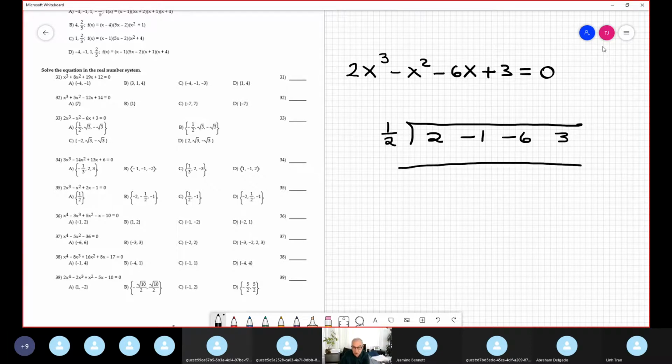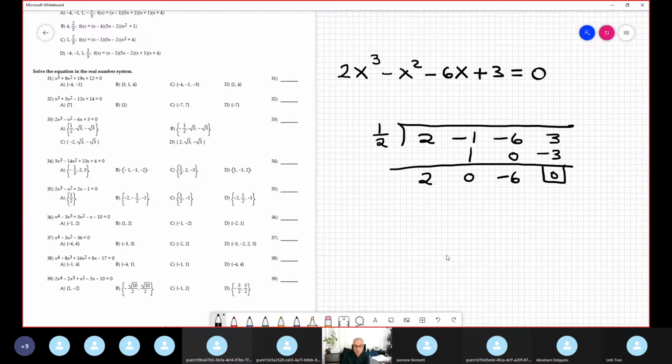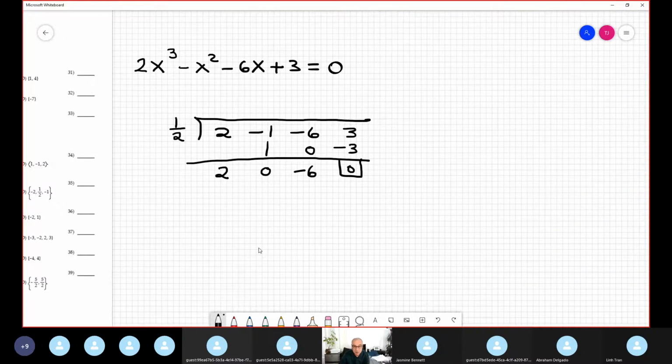Bring down 2. 2 times 1/2 is 1. 1 minus 1 is 0. 0 times 1/2 is 0. Is -6. Multiplication is -3. Fantastic. I'm checking that the factor x minus 1/2 belongs to the polynomial, which is somehow equivalent to saying that the 0 is 1/2 positive.